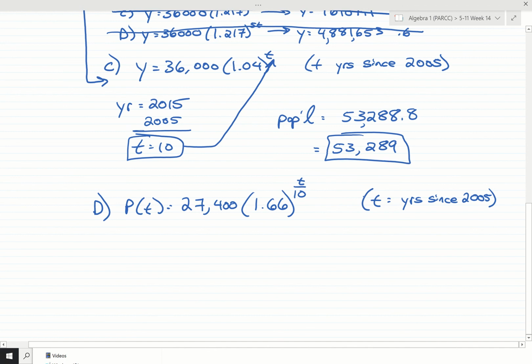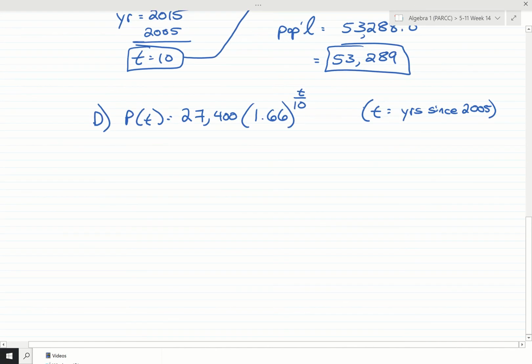So let's figure this out. On a per year basis, let's just plug in numbers. Let's figure out the population in year 2006. That would mean that t would be 1 year since 2005. So 27,400 times 1.66 to the power of 1 over 10.